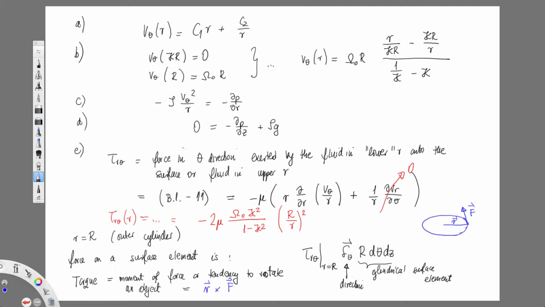I know my vector; that's why I needed force as a vector in this case. I need to do the cross product of them, and then integrate that over the entire surface, and that's going to give me the total torque, or moment, to rotate this outer cylinder. That's what I need to put in, essentially, to keep this rotation steady state.